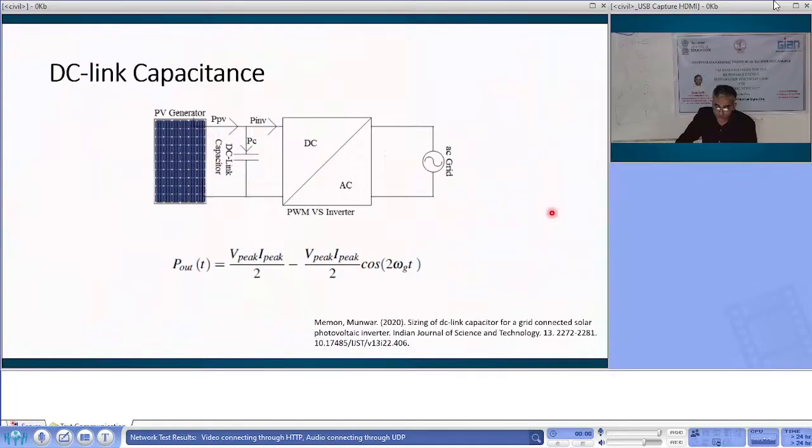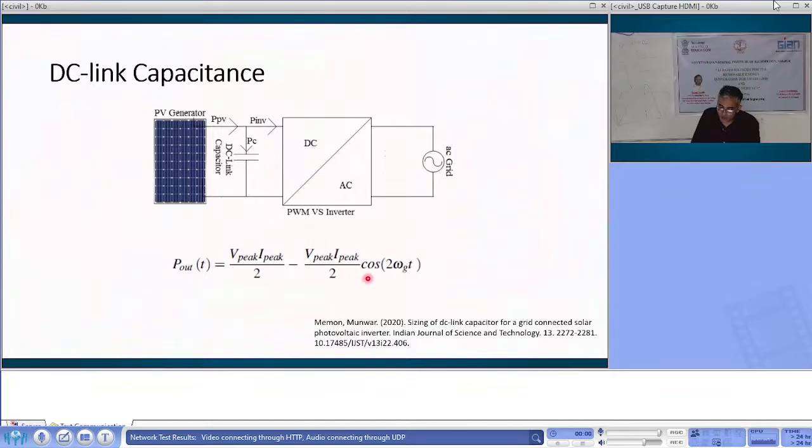If you derive the expression of what you are feeding to the AC grid, it is V peak I peak upon 2 minus V peak I peak upon 2 cos of 2 omega t. So what you are feeding to the grid is constant power as well as pulsating power.